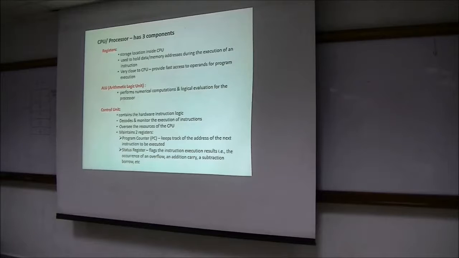So the status register denotes the status after you perform a particular operation. Is it okay? Whenever you perform a calculation, it will know whether there is an overflow, a carry or a borrow, and that will be indicated here. Conceptually, are you understanding? Yes.